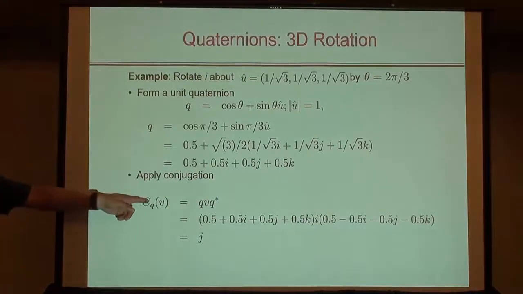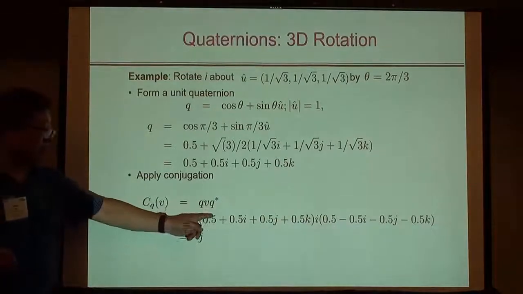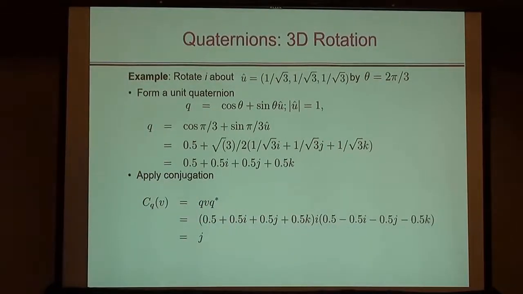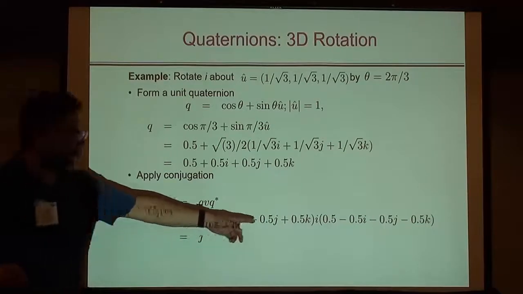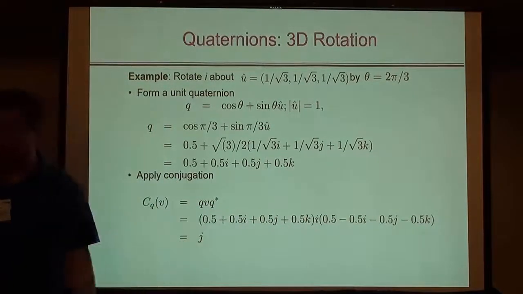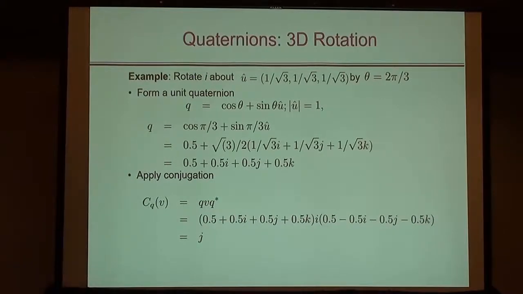Then you apply the conjugation, Q V times Q conjugate, and assume that the vector you want to apply the quaternion operation to is a unit I. You multiply them out, and it will give you J. So what does that mean? It rotates this vector out of the 1I plane.